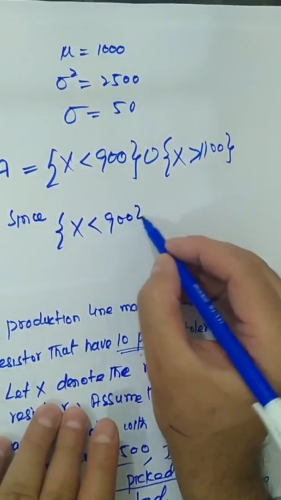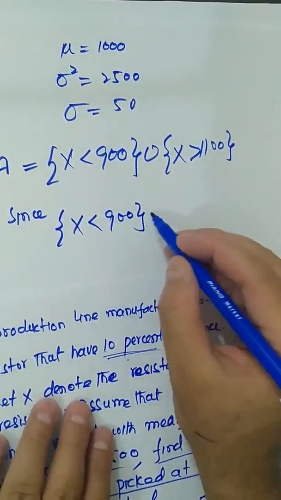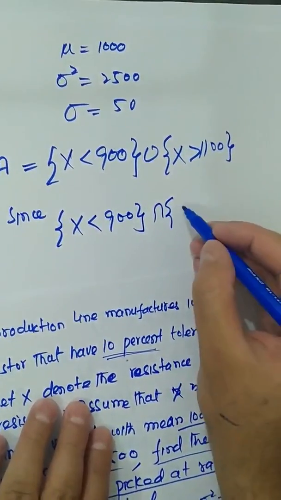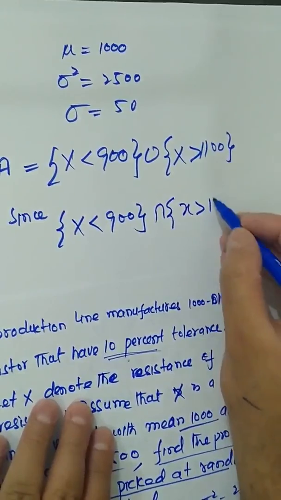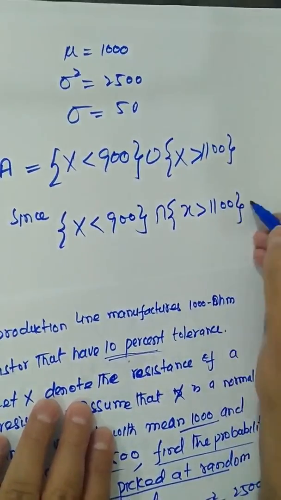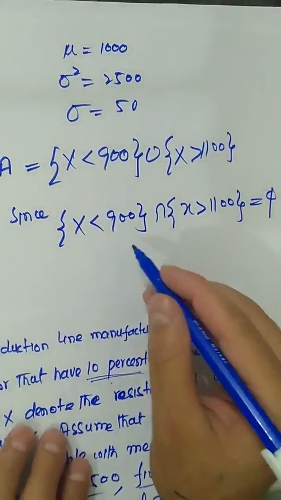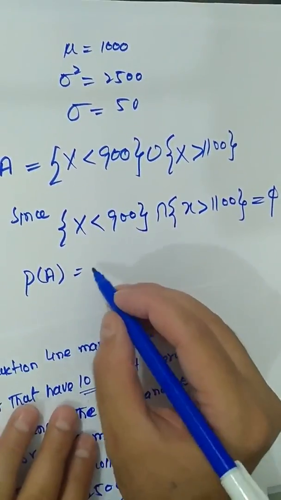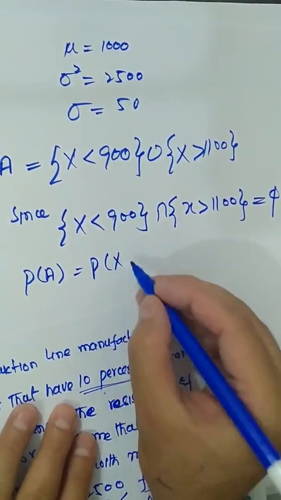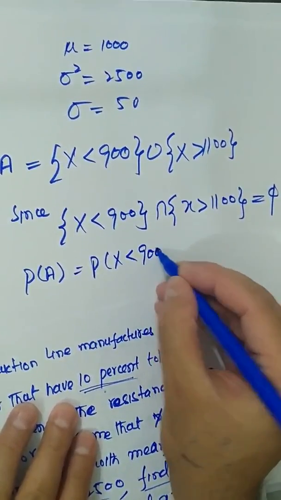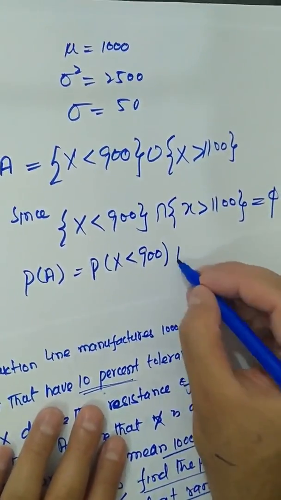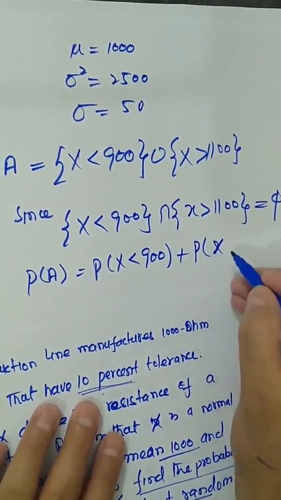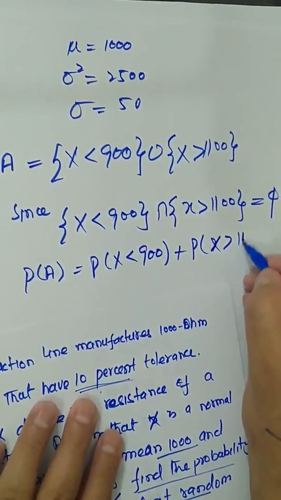So the probability of A would be equal to the probability of x less than 900 plus the probability of x greater than 1100.